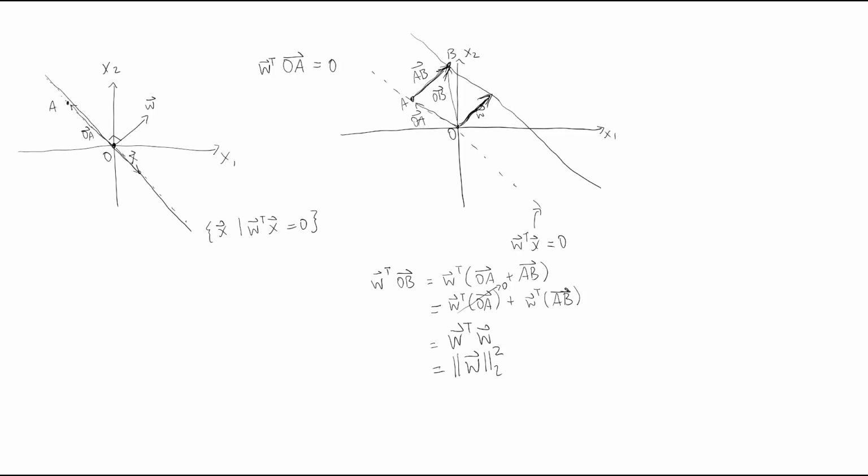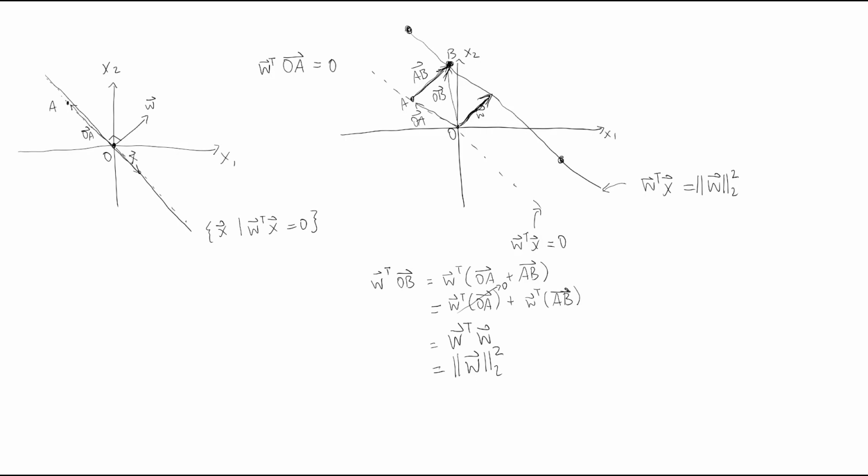Now we have done this calculation without specifying which point B we have chosen. We could have chosen another B over here or some other B over here, and the calculation would have been the same. So this hyperplane has the property that W transpose X equals the 2-norm of W squared.